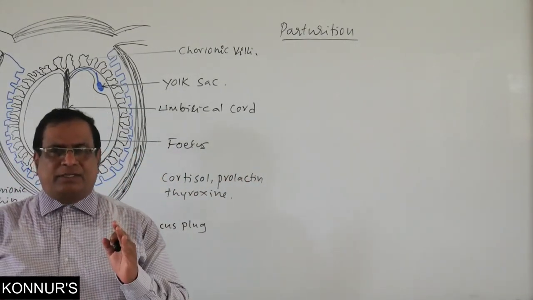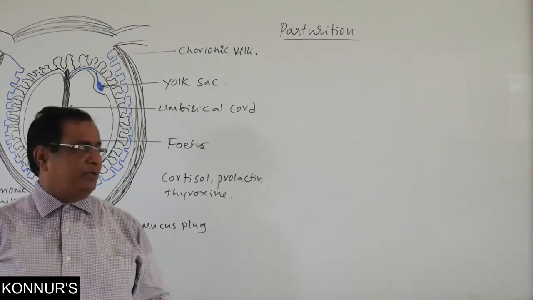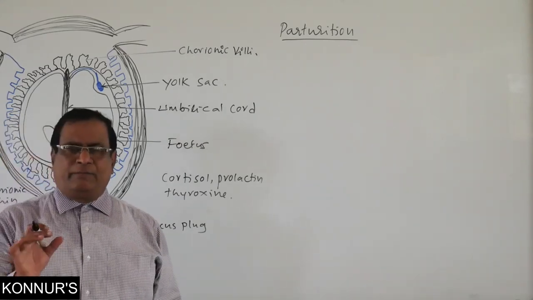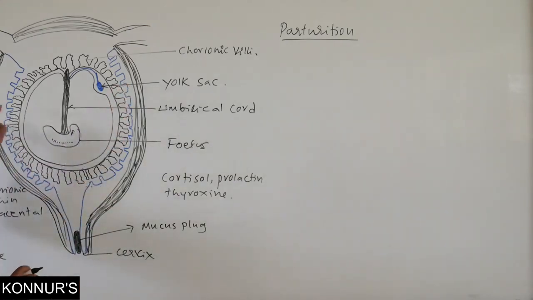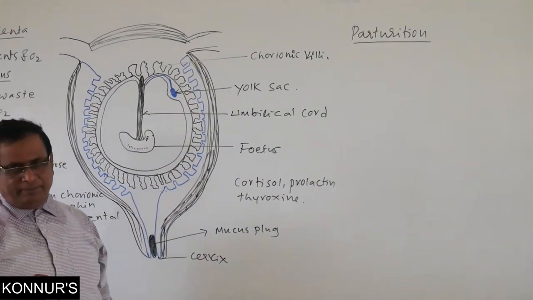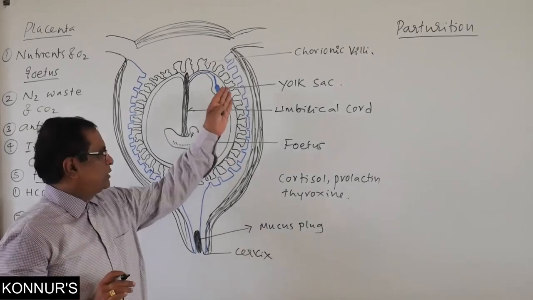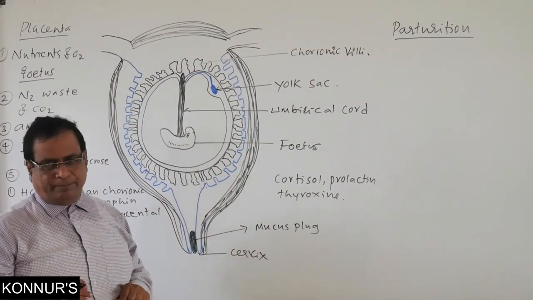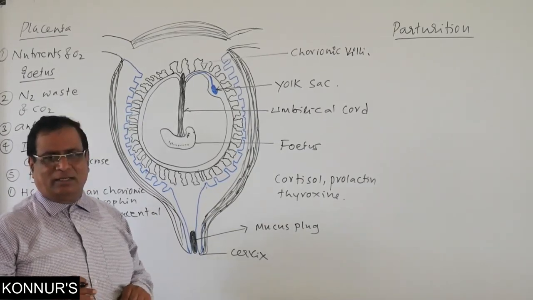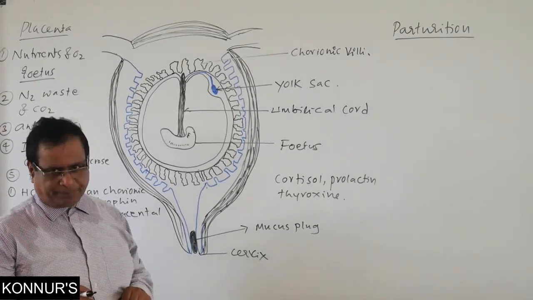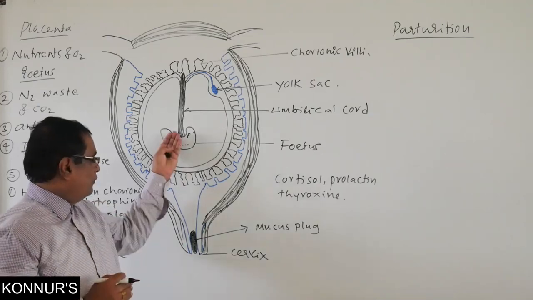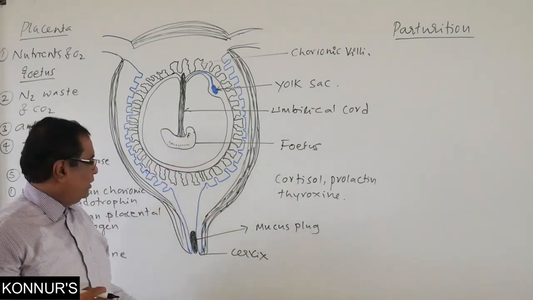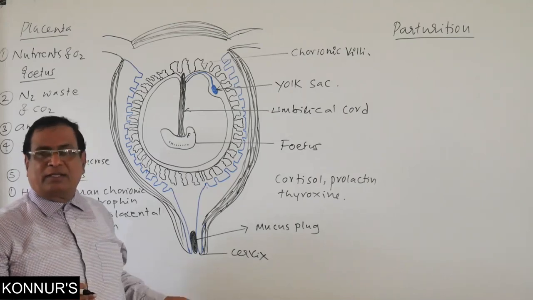After 9 months, 10 days of the gestation period, there is a vigorous contraction of the uterine wall, which causes expulsion or delivery of the fetus through the birth canal.